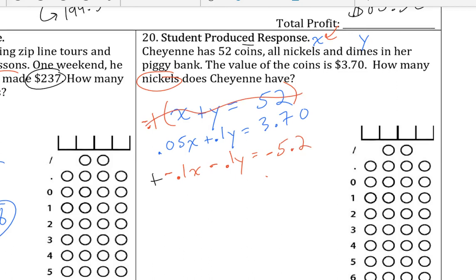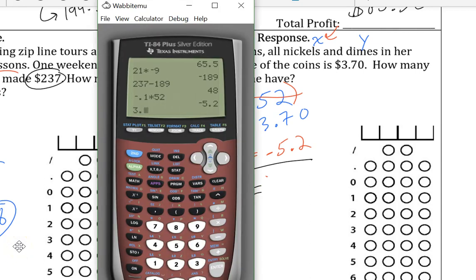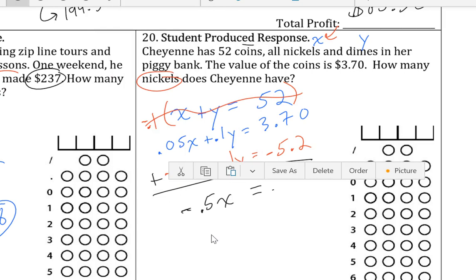I'm going to go ahead and add my blue and red together. So when I add these, I end up with -0.05x. My y's cancel. And then if I do 3.7 minus 5.2, we end up with -1.5.